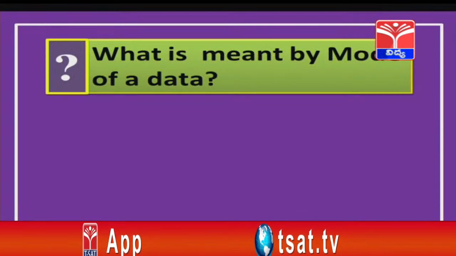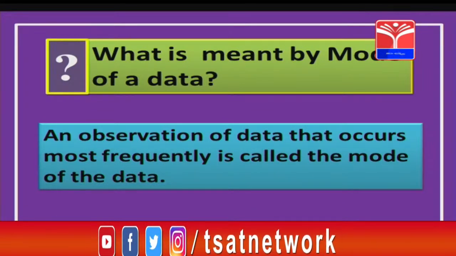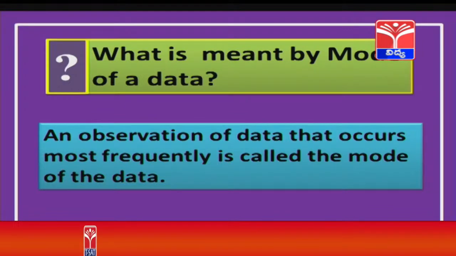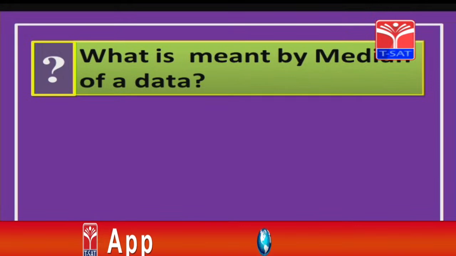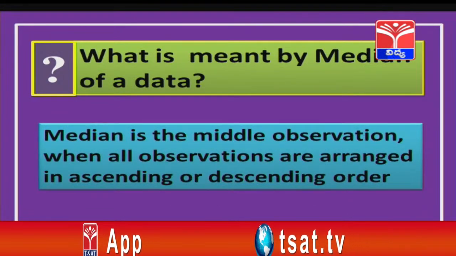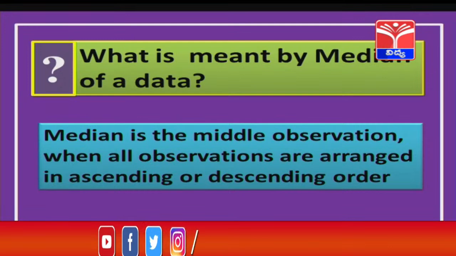Mode is the observation which repeats more number of times, or more frequently. And finally, what is median of the data? Median is the middlemost observation when the entire observations are arranged in either ascending or descending order.